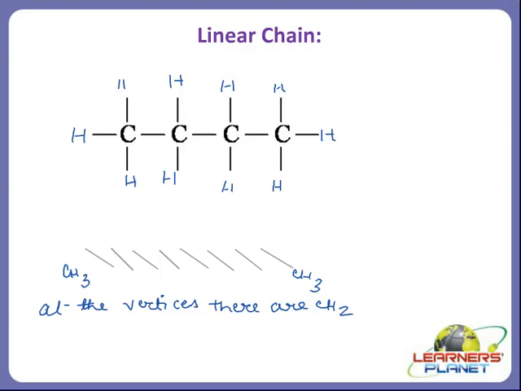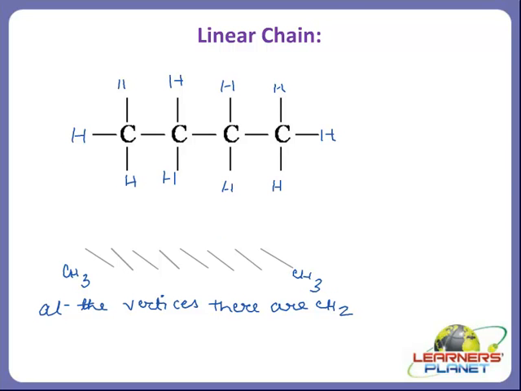So how many carbon atoms are there? Let's count the number of carbon atoms. 1, 2, 3, 4, 5, 6, 7, 8 and 9. So 9 carbon atoms are there.